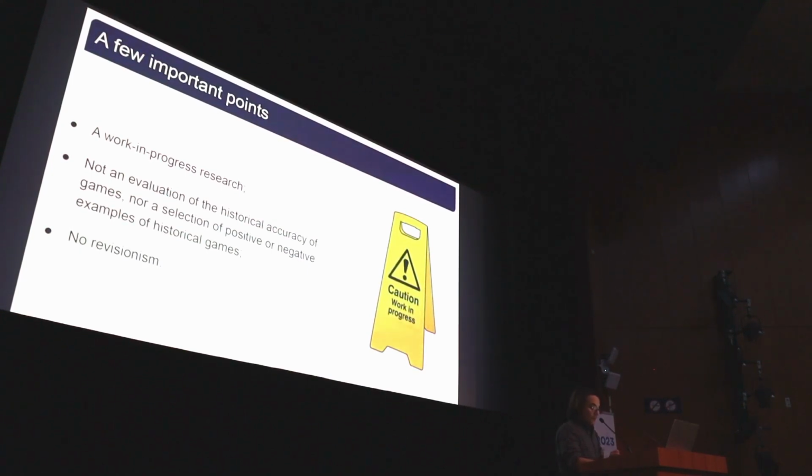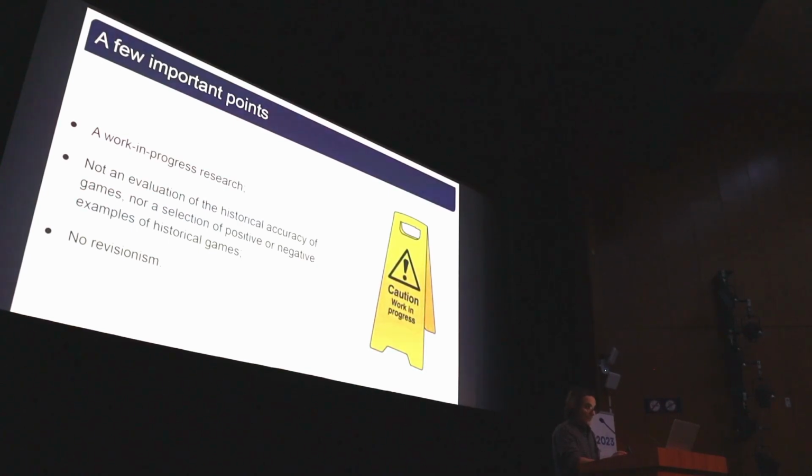Second, while we'll present examples of different games, our aim is not to evaluate the historical accuracy of games, nor to consider them as positive or negative examples of historical games. Our aim is to show how the interaction of gameplay, narratives, representations, themes, and so on, may affect the ways in which the public understand the past and how this representation may contribute in shaping social and political attitudes.